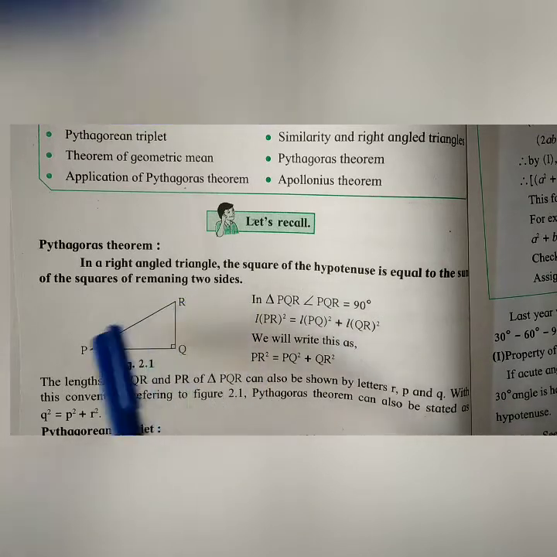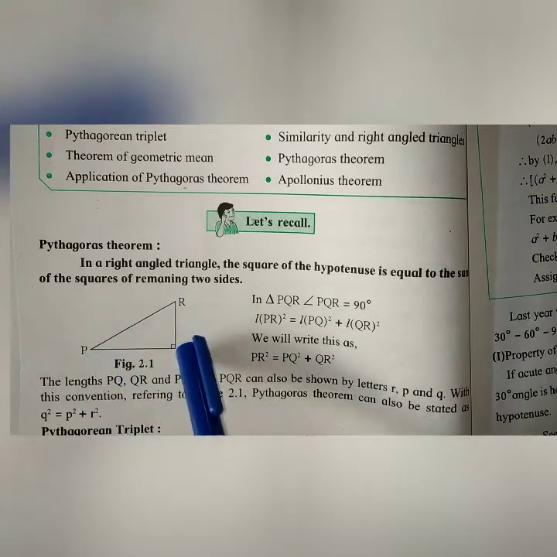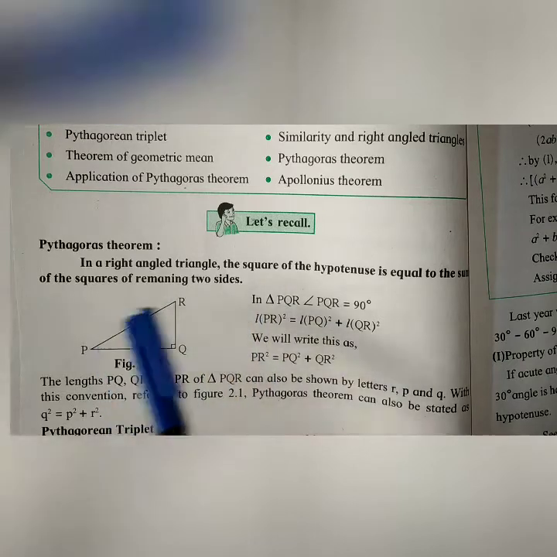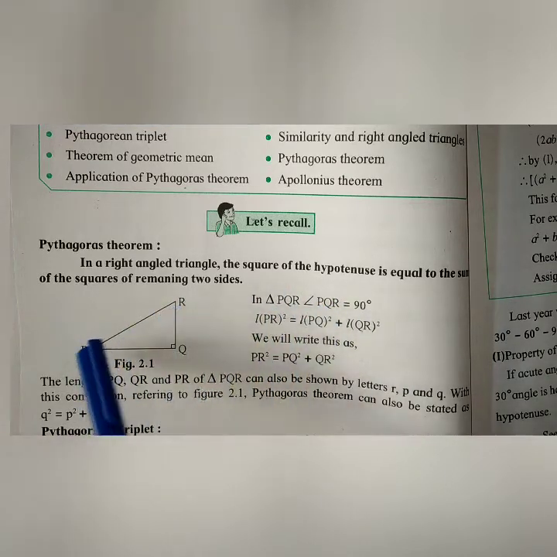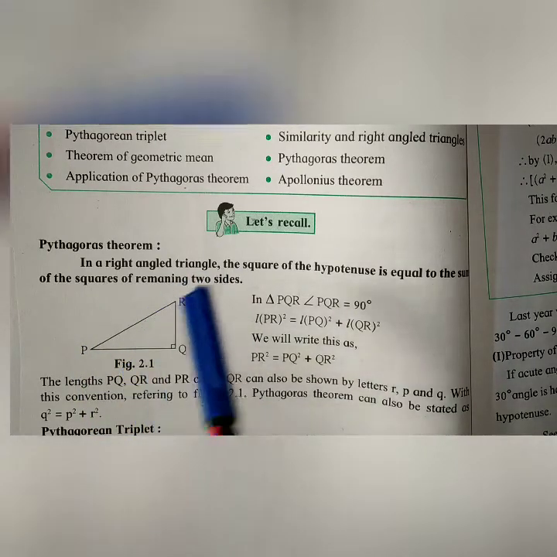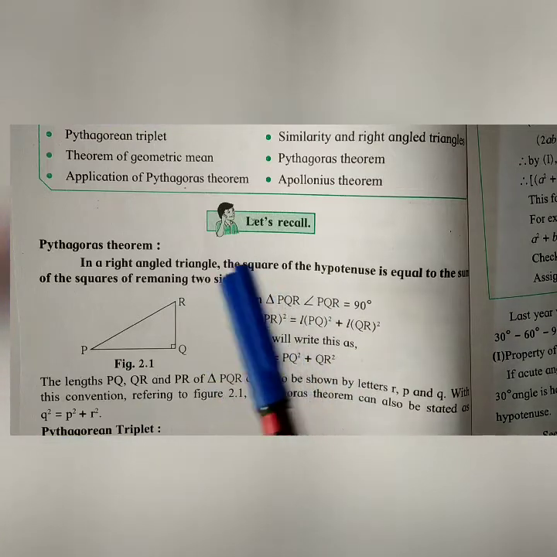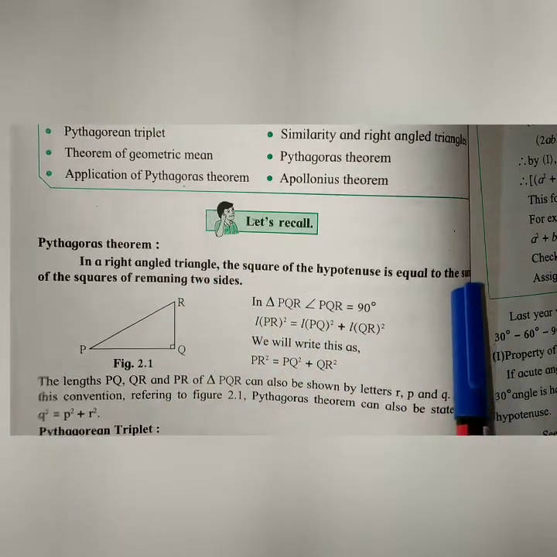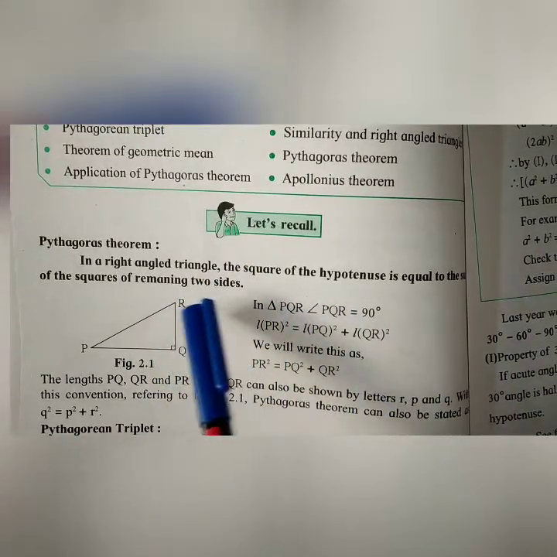This is the figure of triangle PQR. See the figure properly. Angle PQR is equal to 90 degrees. Therefore, we apply the Pythagoras theorem. What is the Pythagoras theorem? The square of the hypotenuse is equal to the sum of the squares of the remaining two sides.